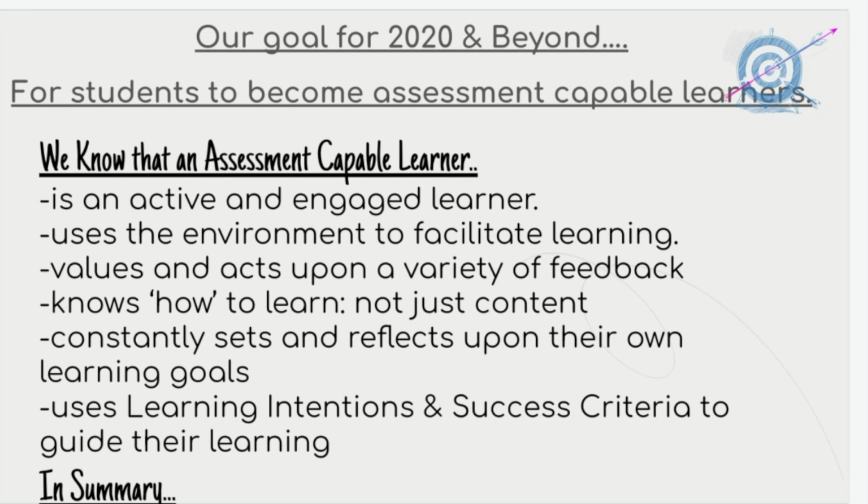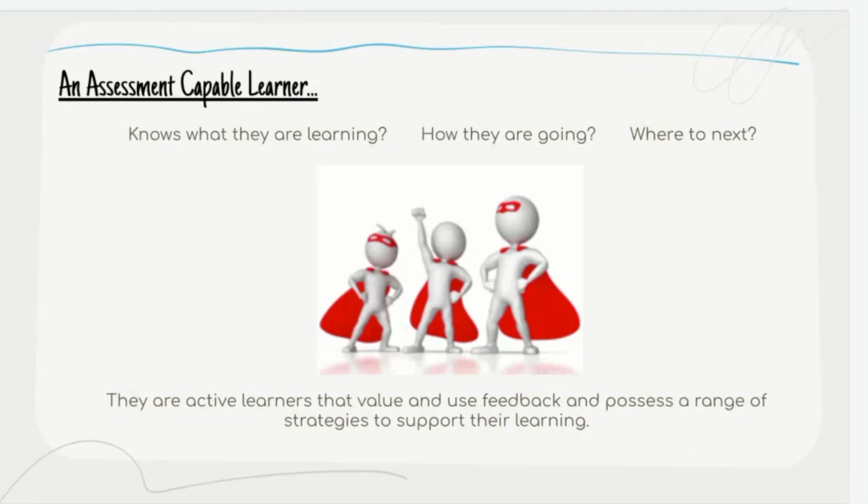And that's what we're really going to focus on today. In summary, an assessment capable learner knows what they're learning, how they are going, and where to next. They're active learners that value and use feedback and possess a range of strategies to support their learning.